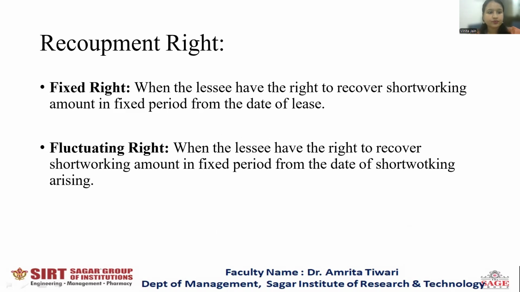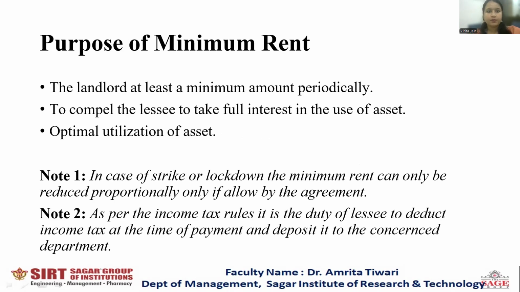Recoupment can be of a fixed right: the lessee has the right to recover the short working amount within a fixed period from the date of the lease. In a fluctuating right, the lessee has the right to recover the short working amount within a fixed period from the date of the short working. The purpose of minimum rent is that the landlord receives at least a minimum amount periodically, and the lessee is compelled to take full interest in the use of assets, ensuring optimal utilization.